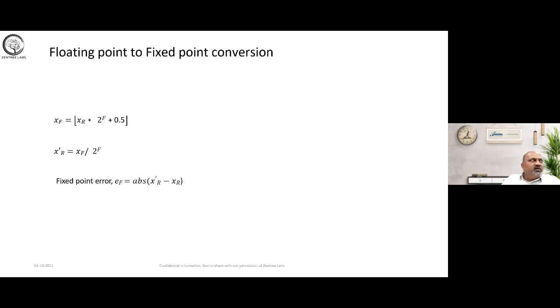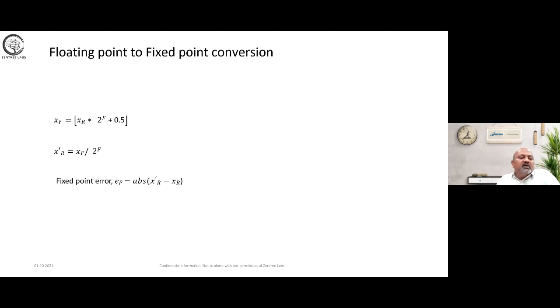There's not any magic here actually. The resolution is 2 to the power of minus f. Given a value, dividing it by the resolution gives the actual integer part, so that turns out to be real times 2 to the power of f. Plus 0.5 is given as I want to round the value to the nearest integer. So add 0.5 and floor it, otherwise you can directly write it as a round operation.